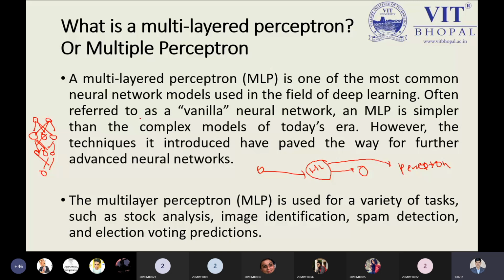If we are talking about the multi-layer perceptron, we have one output layer and one input layer, but we can have many hidden layers, and each hidden layer may have more than one node. So here we have three nodes or four nodes respectively. This is a simple diagram which describes the multi-layer perceptron.